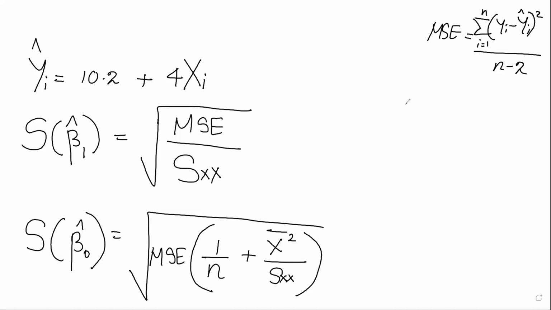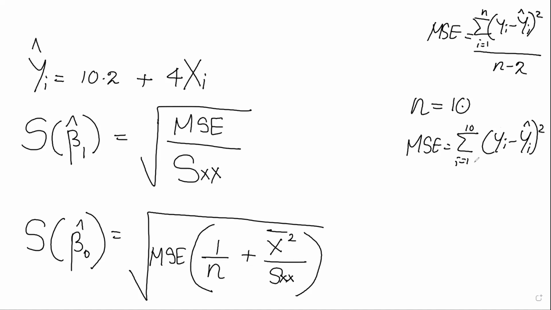And in the air freight example, our sample size is 10. So you simply can get this. Our MSE would be the summation, i goes from 1 to 10, of (yi minus yi hat) squared, divided by 10 minus 2. I'll give you time for this. Just look at the board.